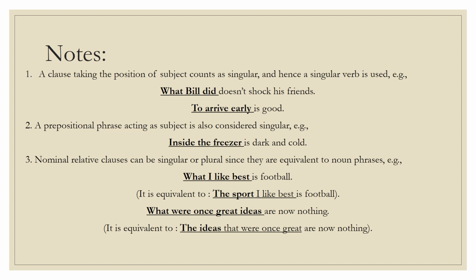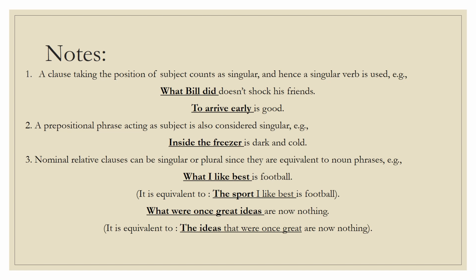For example, when I say, what I like best is football, the subject here is what I like best. So this subject comes in the form of a clause. Which type of clause? It is a nominal relative. Why?